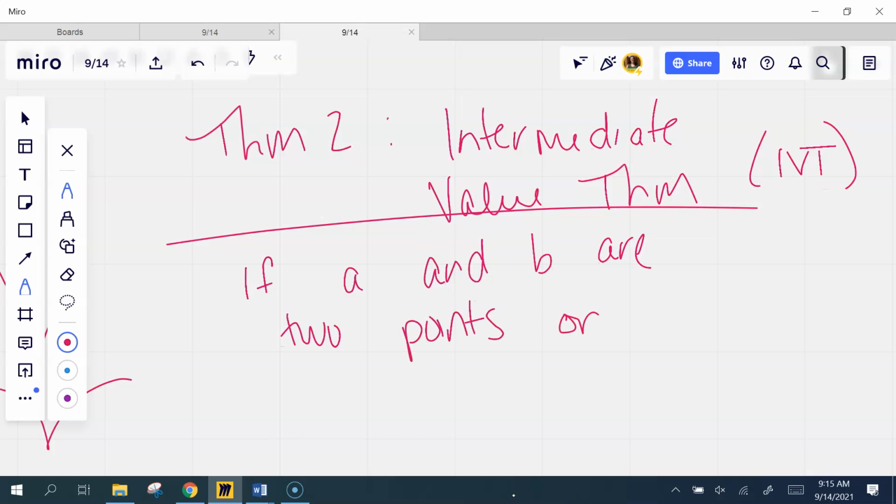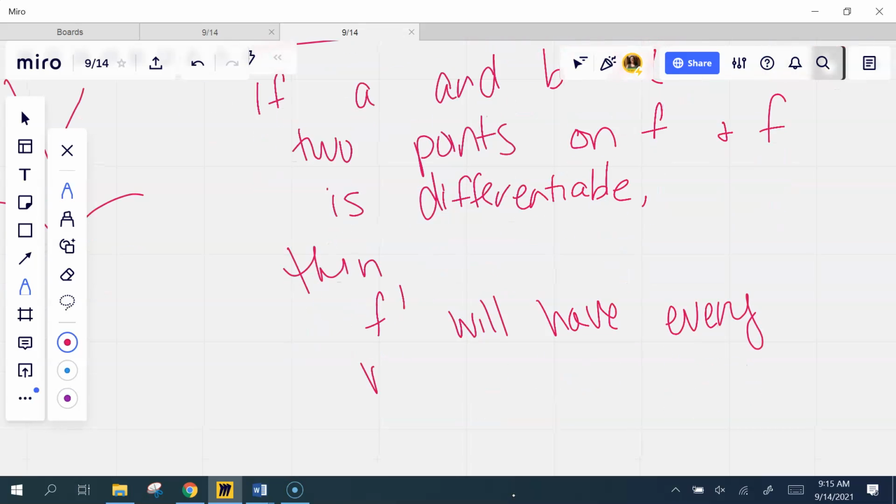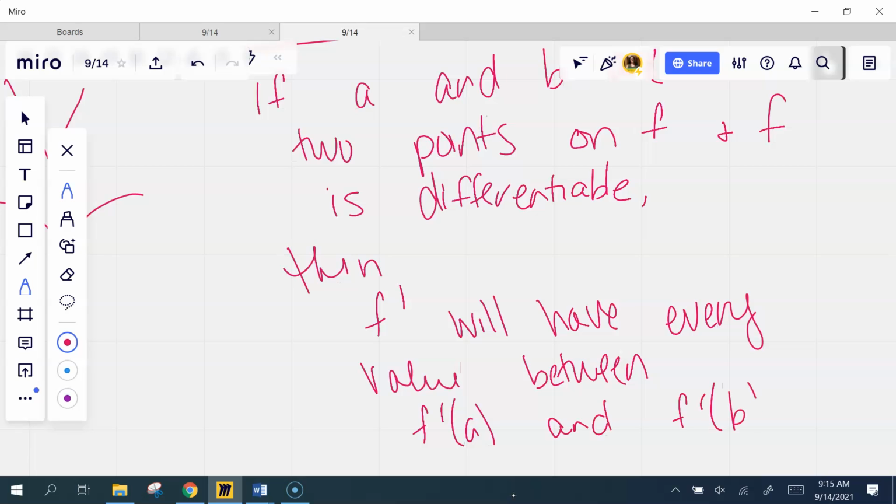If A and B are 2 points on f, and f is differentiable, then the derivative of f will have every value between f prime of A and f prime of B at some point on there. I'll do an example and show you what I mean.